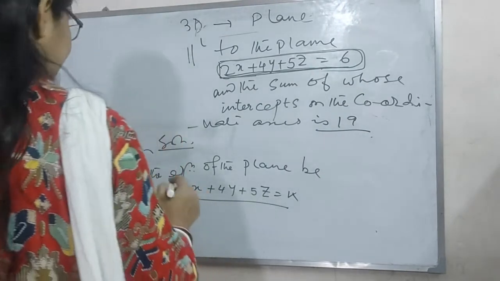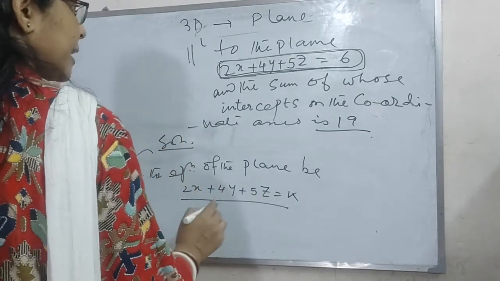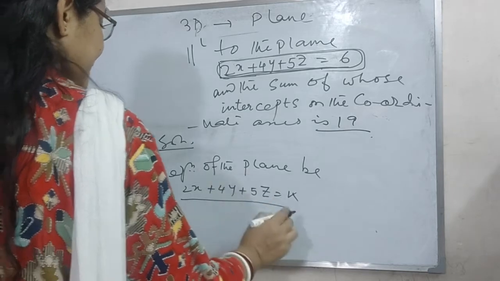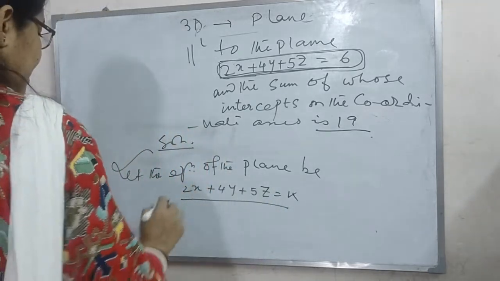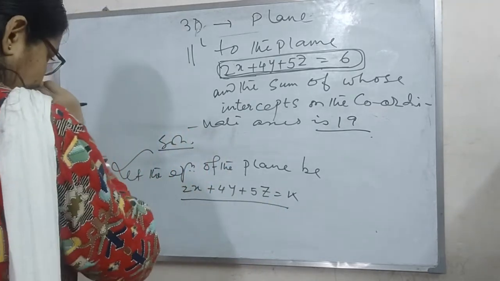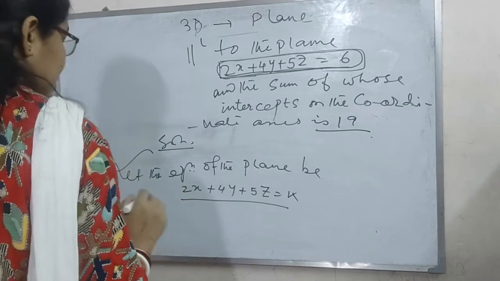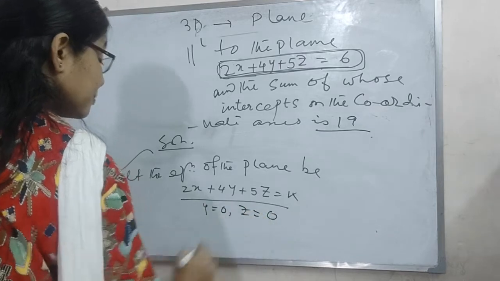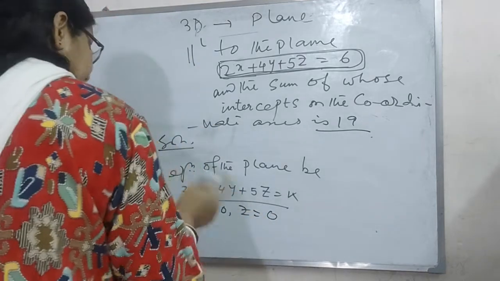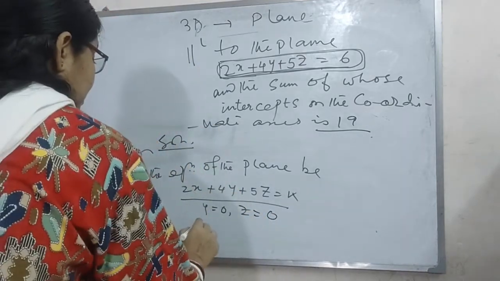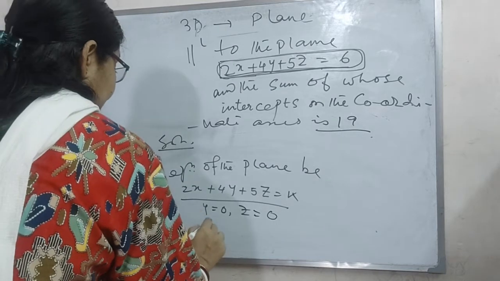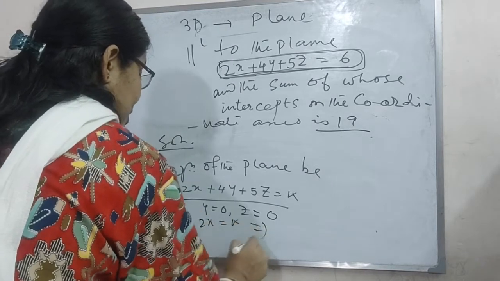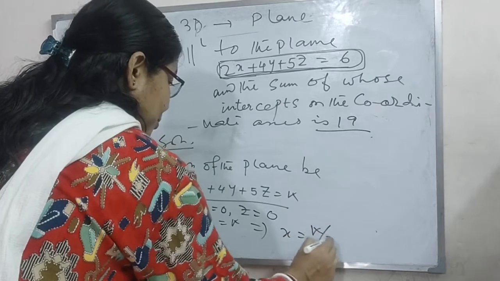And the x intercept: here y equal to 0 and z equal to 0. So 2x equal to k, so x equal to k by 2.